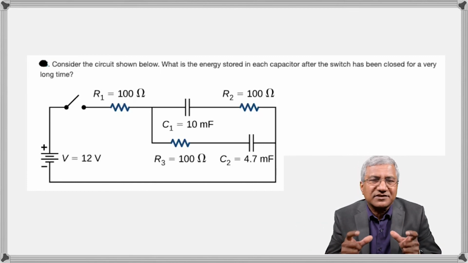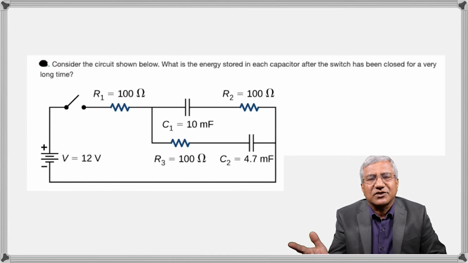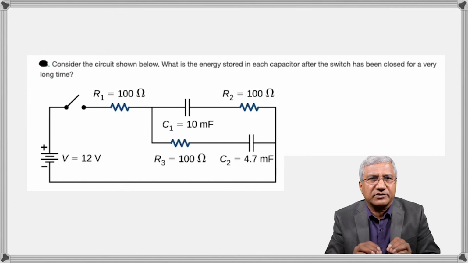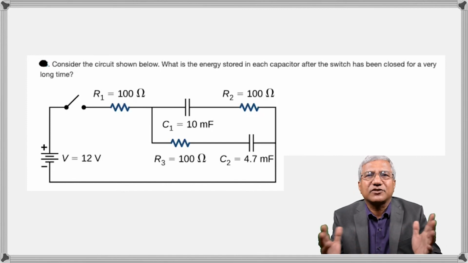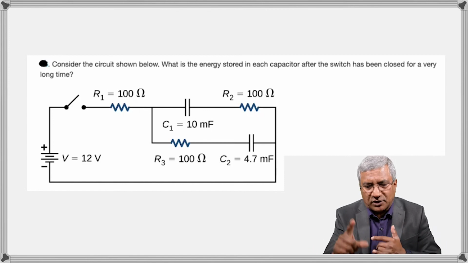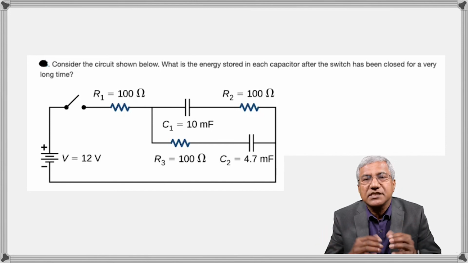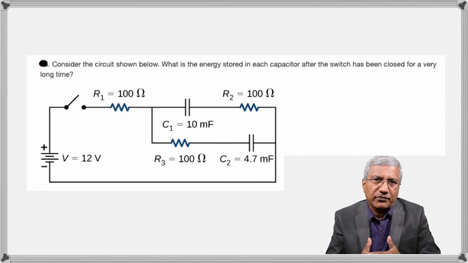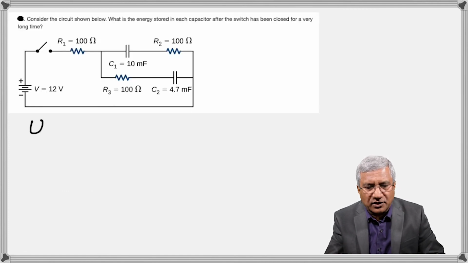So that means there is no voltage drop across the resistors, because the voltage is dropped across a resistor only if there is a current flowing through it. Now that there is no current flowing through it, there is no voltage across R1, R2, and R3. There are only voltages across C1 and C2. That's important. Okay, so that's how we do it.